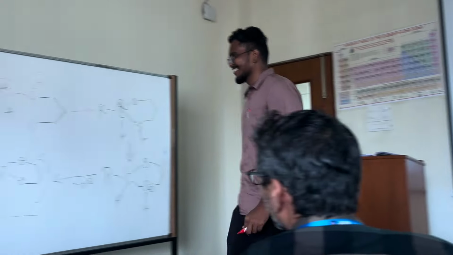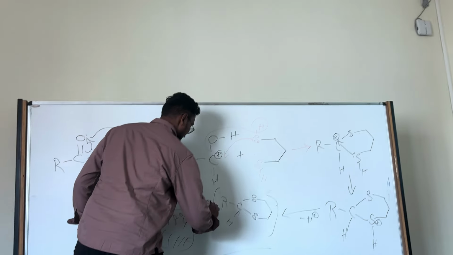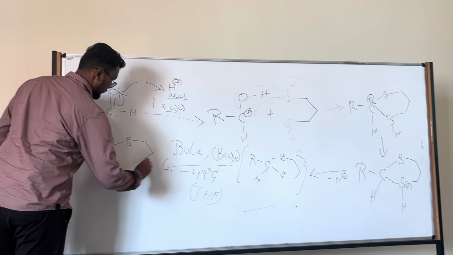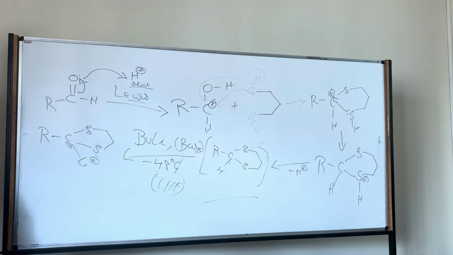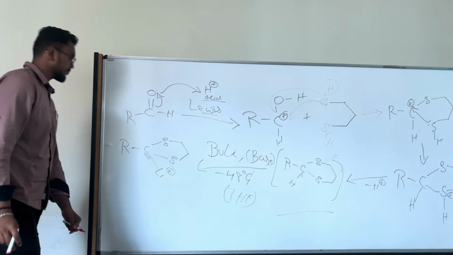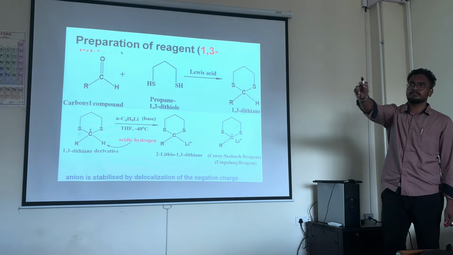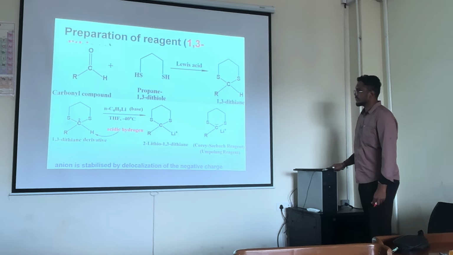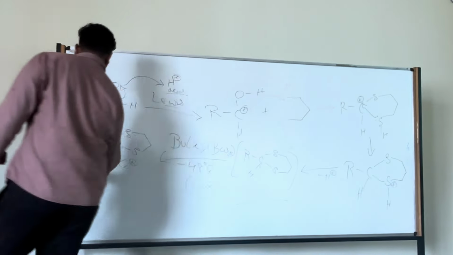This formation of the intermediate is called the Corey-Seebach reagent. Another reagent type is called Montgomery type, where we use these reagents in normal organic synthesis.